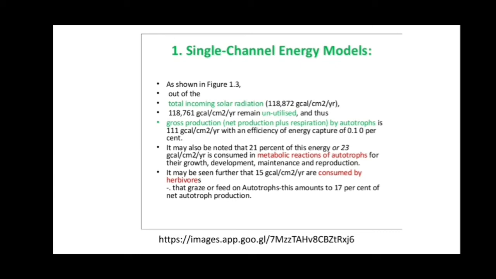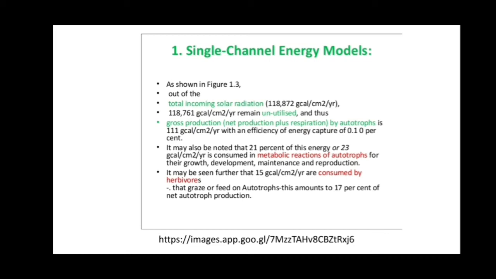It may also be noted that 21% of this energy, or 23 gram calories per centimeter square per year, is consumed in metabolic reactions of autotrophs for their growth, development, maintenance and reproduction.